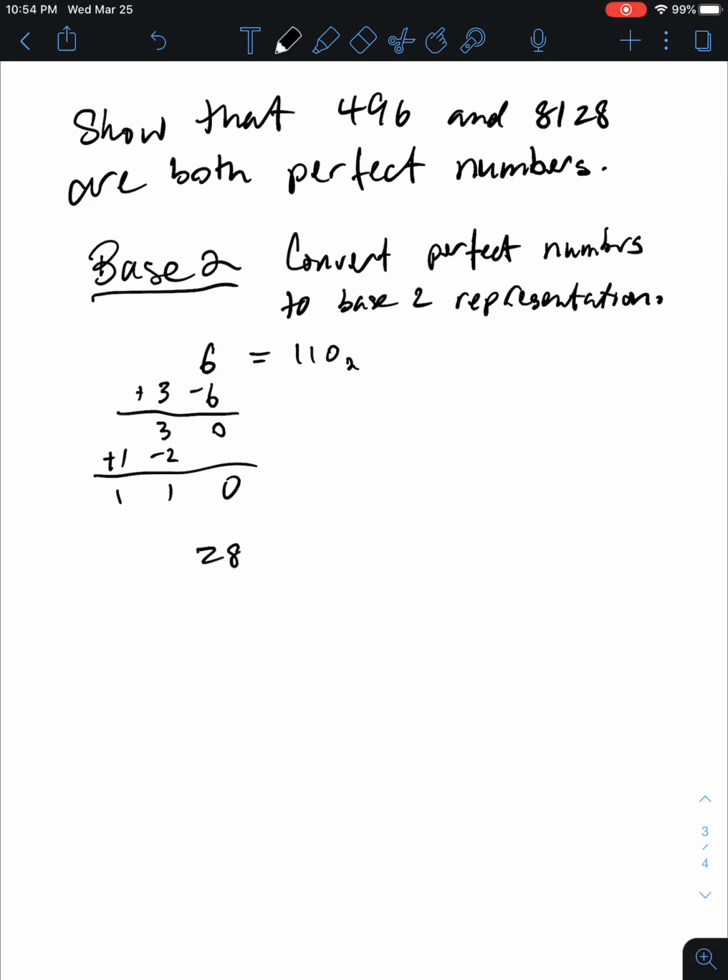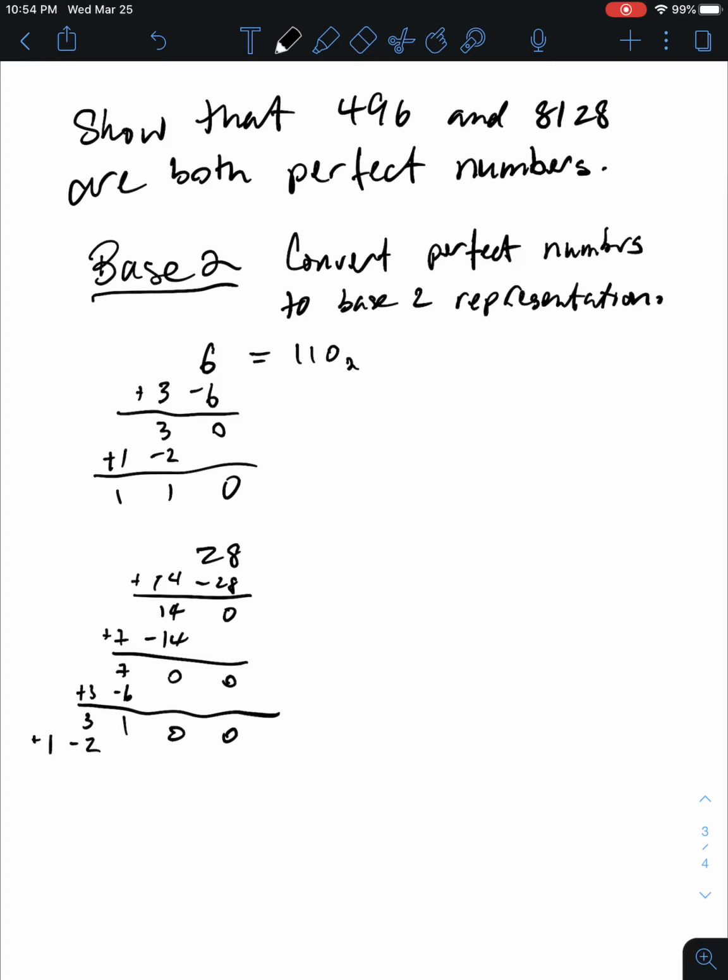So 28, I make 14. I make 7. I make 3. And I make 1. So 28 has the representation 1, 1, 1, 0, 0, base 2.